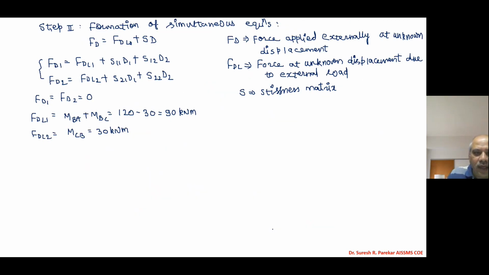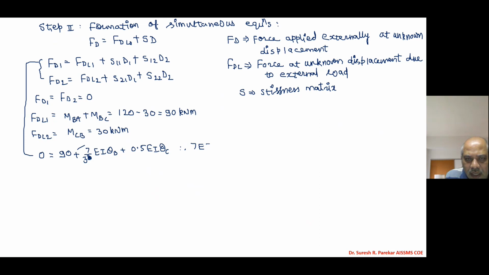So from this, 0 equals FDL1, which is 90, plus 7 by 3 EI theta B plus 0.5 EI theta C. And from this we get the first equation: 7 EI theta B by 3 plus 0.5 EI theta C equals minus 90. This is equation 1.